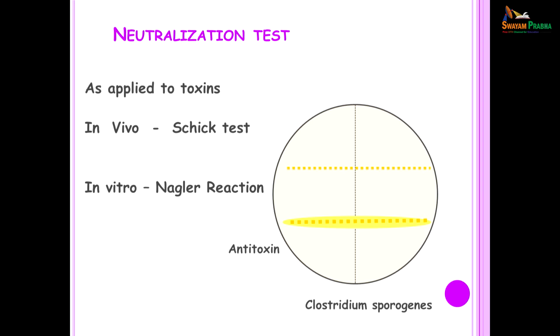At the same time, we have also streaked the test strain in which we are looking for Clostridium perfringens, and we will find that the opacity is present on the side where antitoxin is not present. That is, in other words, the antitoxin has neutralized the toxin on the side where antitoxin was present.